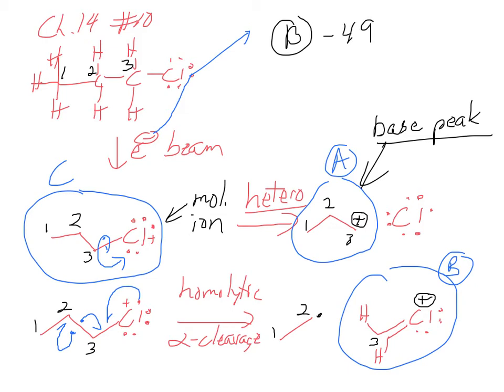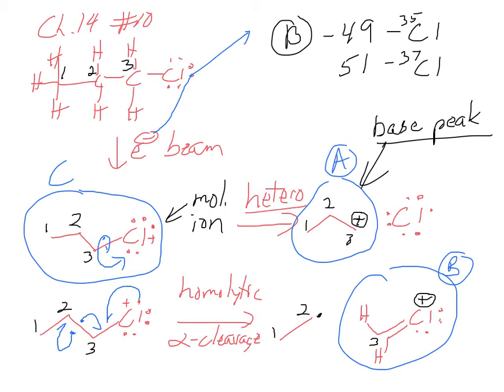So it should be 49 when it's chlorine 35. What about when it's chlorine 37? What's the mass going to be? 51. So you should see a peak at 49 and also a peak at 51.